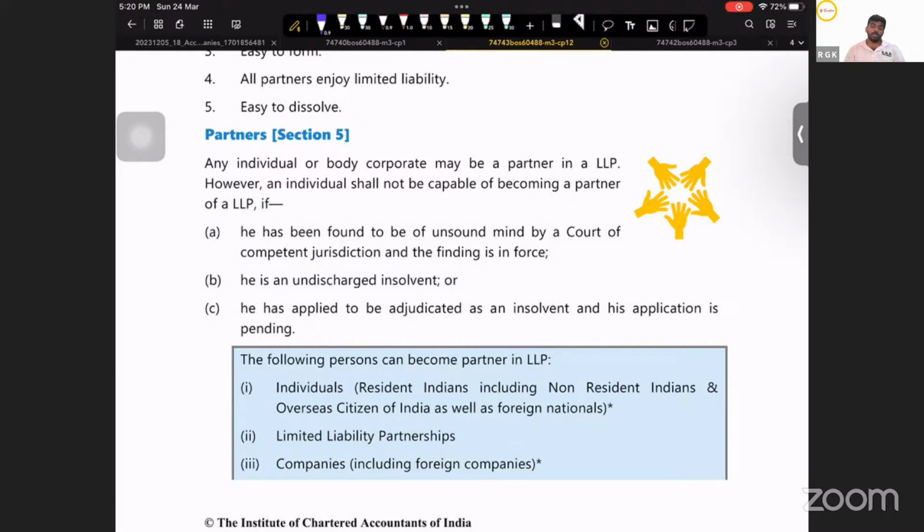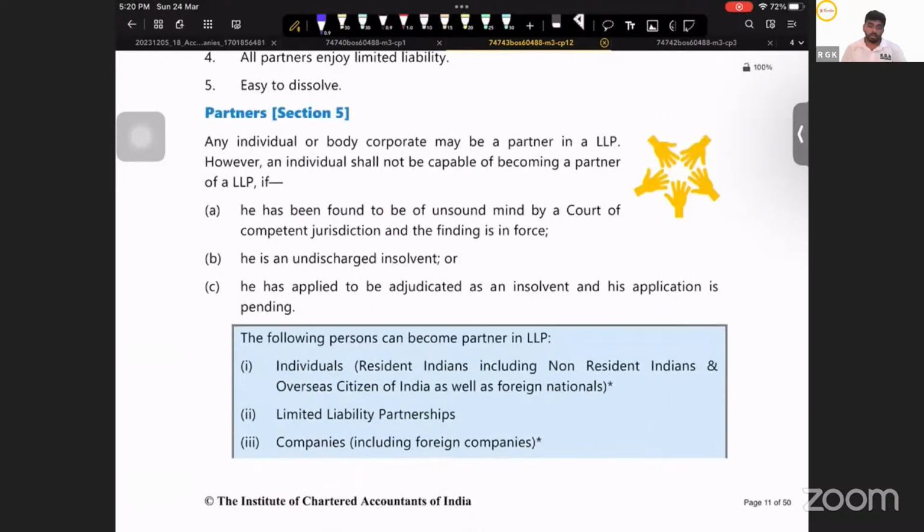However, an individual should not be capable of becoming a partner if he has been found to be of unsound mind by a court of competent jurisdiction and the finding is in force. If the court order declaring him unsound is still in force, in that case such a person cannot be appointed as partner in LLP.